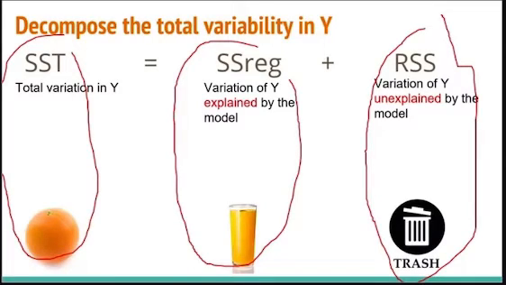This is the decomposition that we talk about, which means there's always going to be something that will go into the trash. The same way in statistics, we don't have a perfect model. There's always going to be a place for unexplained variation. We acknowledge that, and that was why we said a model is not the same as reality.